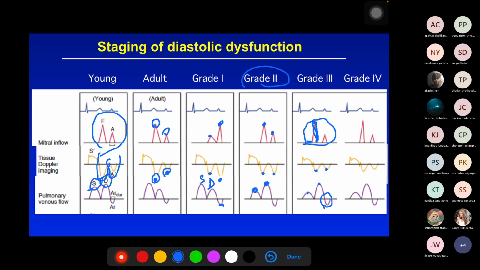But you can differentiate grade 3 from grade 4 by using the Valsalva maneuver. If you perform the Valsalva maneuver and the E-wave velocity is significantly decreased, this patient has reversible diastolic dysfunction. This is grade 3 diastolic dysfunction.